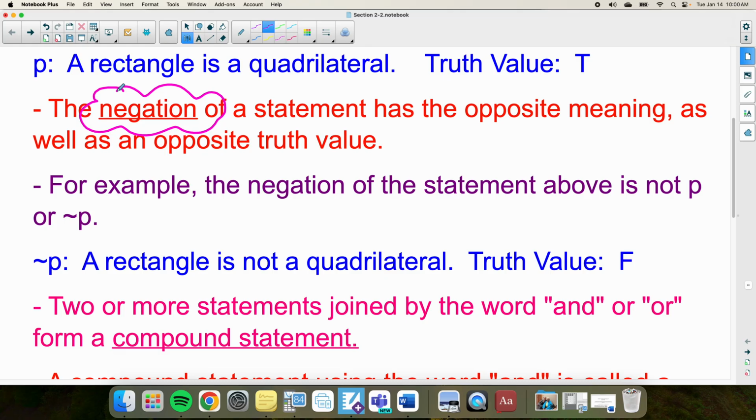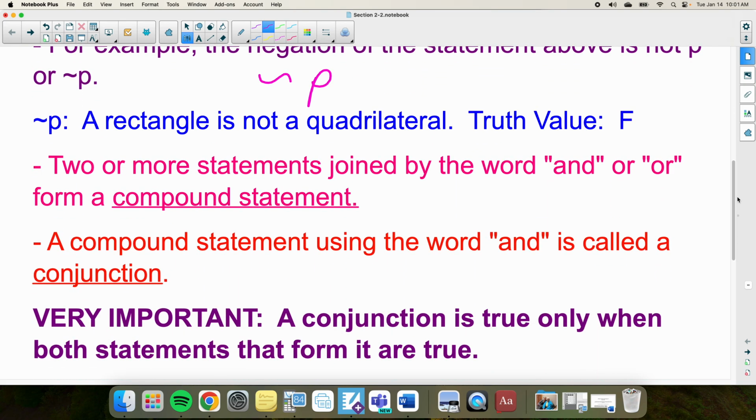Now, if P was your statement, how you write the negation of that is you do this squiggly in front of the P. It's kind of like what's on top of the congruent statement. You put that in front of there, and that just means add not to the statement, okay? So here it says a rectangle is not a quadrilateral. Since P was true, then not P is going to be false, okay?